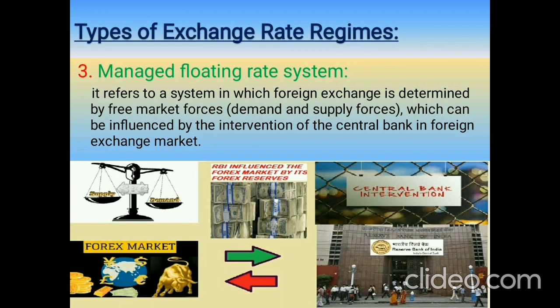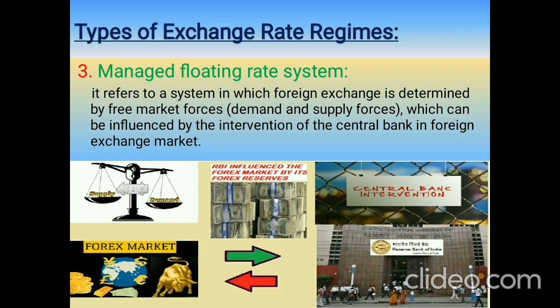As we can see in the picture, there are free market forces in the forex market, but the central bank may influence or intervene in this market with its foreign exchange reserves at the time of requirement, or the central bank decides when it has to interfere in the market. So this is about the managed floating rate system.